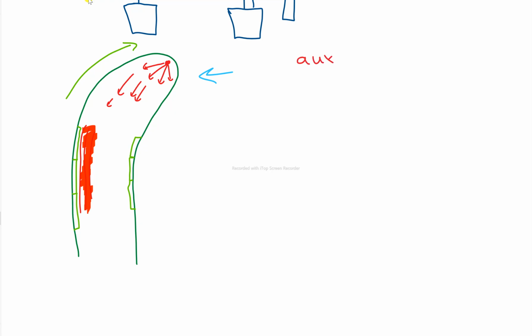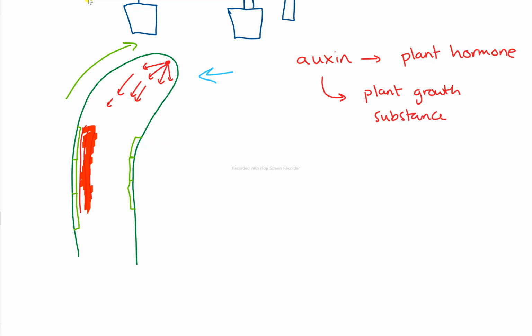The word auxin, some scientists called it plant hormone. I think things are changing now, and some scientists prefer to call it plant growth substance. And as things change, they'll probably refine that.